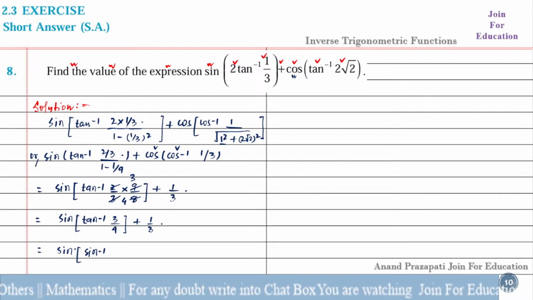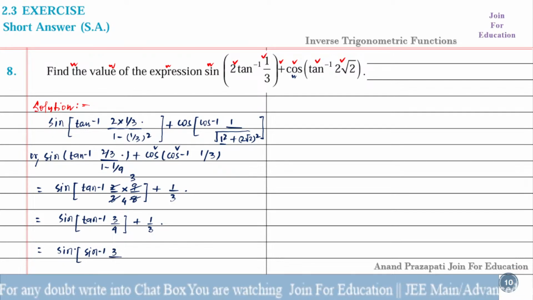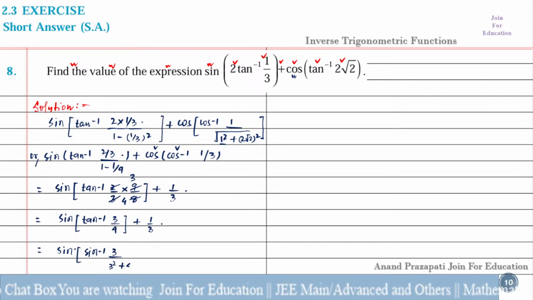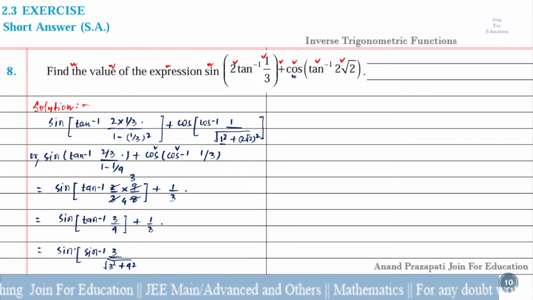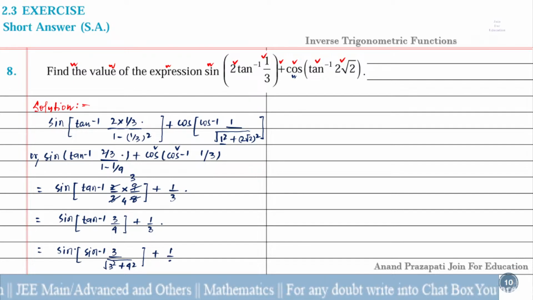So we write down here 3 by, here h will be 3 square plus 4 square, we write down here 3 square plus 4 square over root. After there is no problem to understand up to this step, plus we write down here 1 by 3.